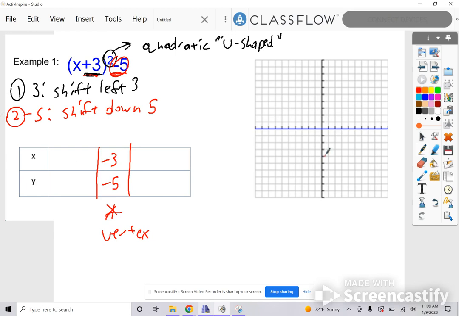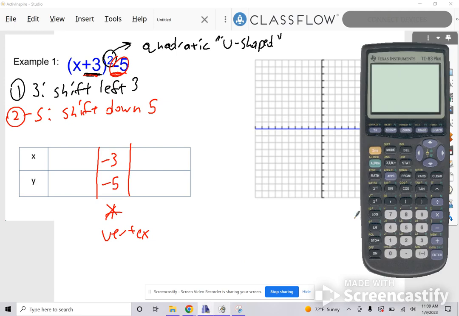Now, to get the other ones, the best way to do this is to go back to the calculator, and we're going to type in this equation: parentheses, x plus 3, close parentheses, squared minus 5. And graph.